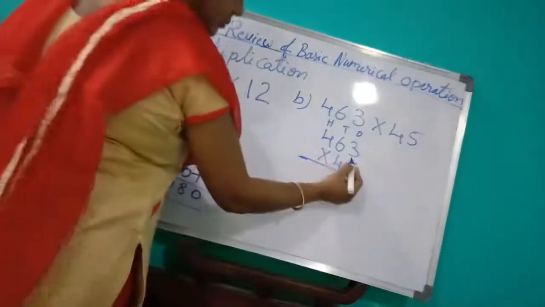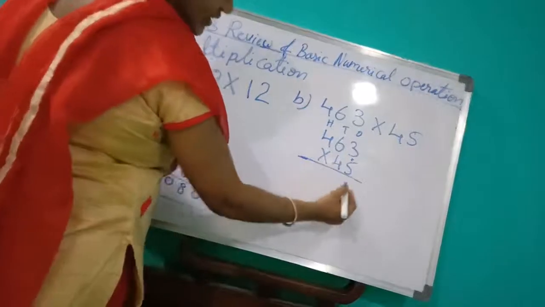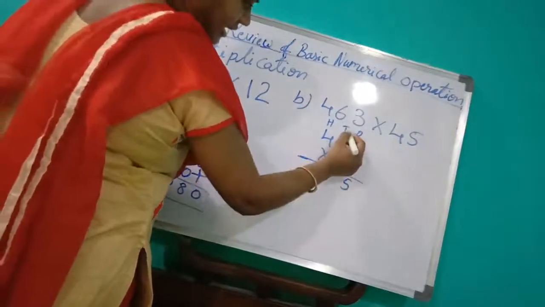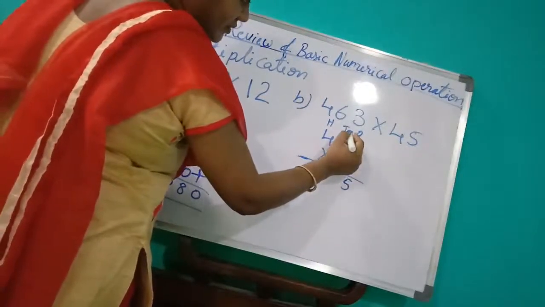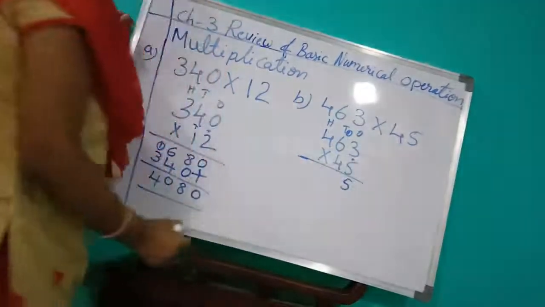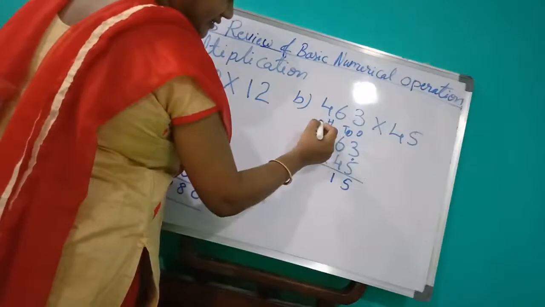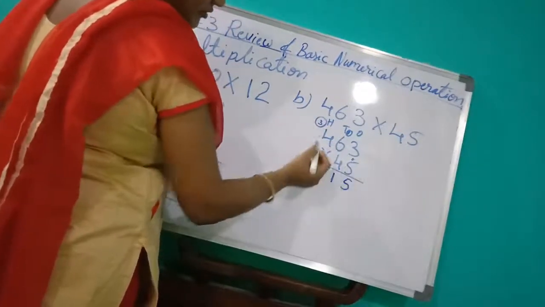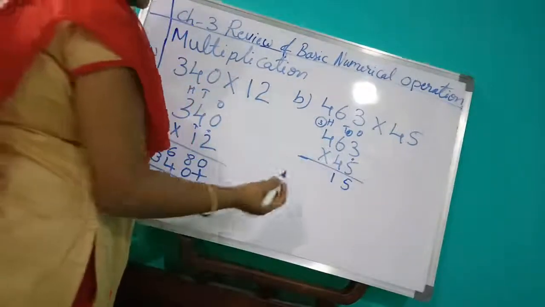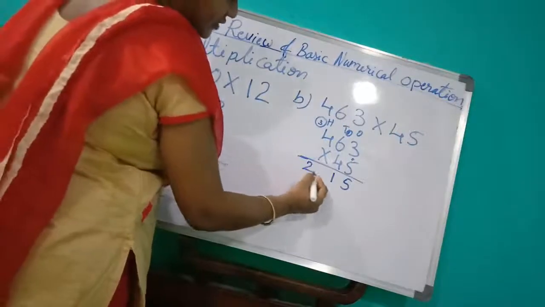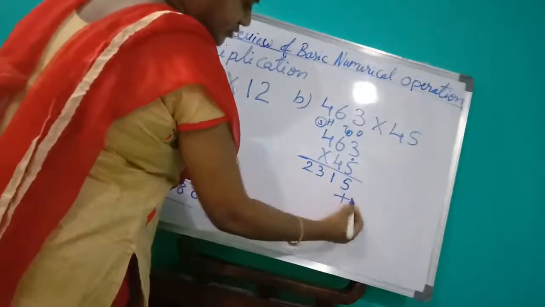Ones place, 5. 5 threes are 15. 5, 1 carry forward. 5 sixes are 30. 30 plus 1, 31. 1 here, 3 carry forward. 5 fours are 20. 20 plus 3, 23. Plus symbol you should write.